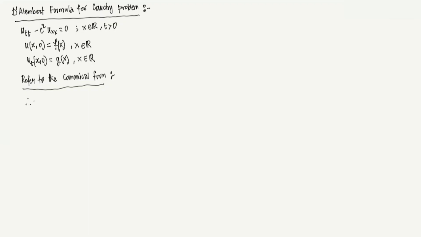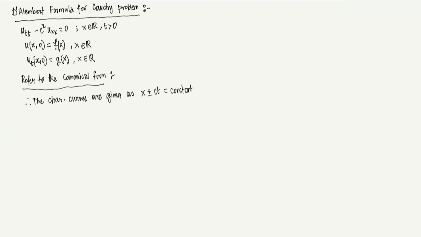Therefore, the characteristic curves of the equation are given as x plus or minus ct equals some constant. Basically there will be two constants: x plus ct equals one constant c1, and x minus ct equals another constant c2. But I am just writing it like this.